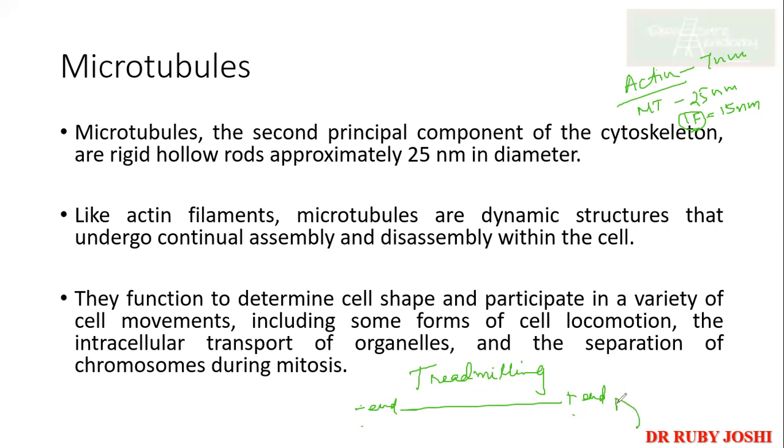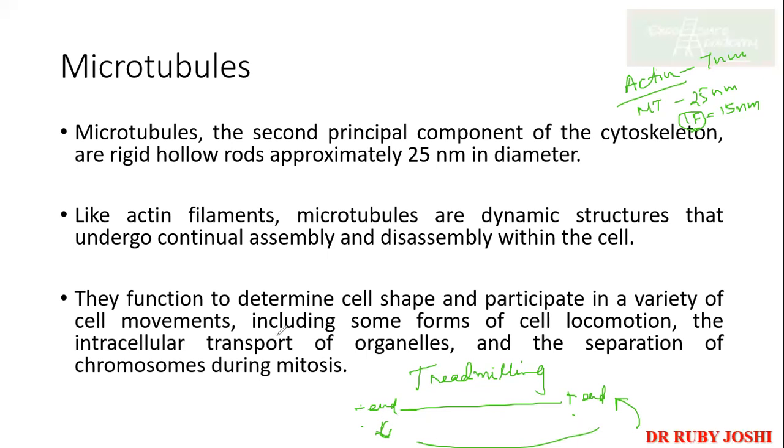Here the new tubulin molecules keep adding and here they get dissociated, so it was like a treadmill. Of course, we do have capping proteins for microtubules also, so that it doesn't polymerize at that instant only. Otherwise, our chromosomes won't be separated properly, and how would the organelles move then? So we have capping proteins to stabilize both the ends.